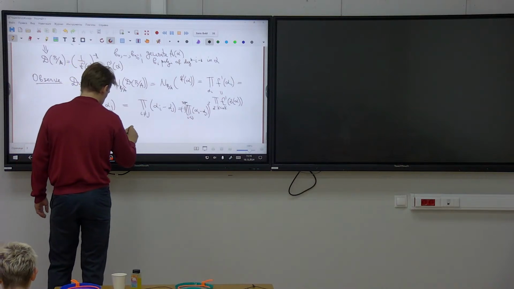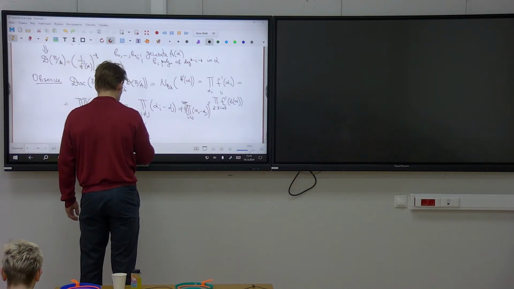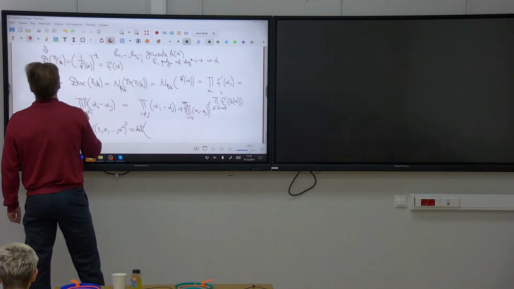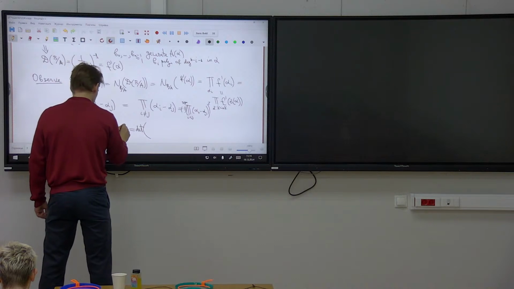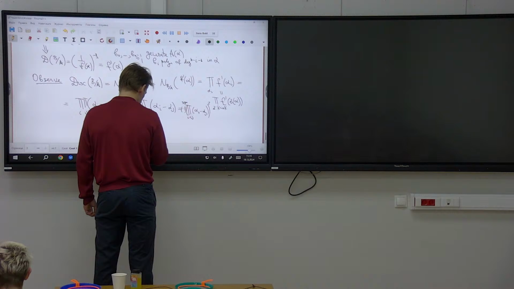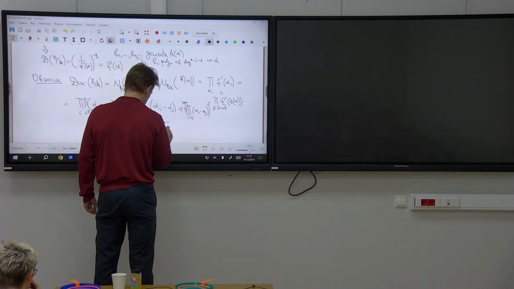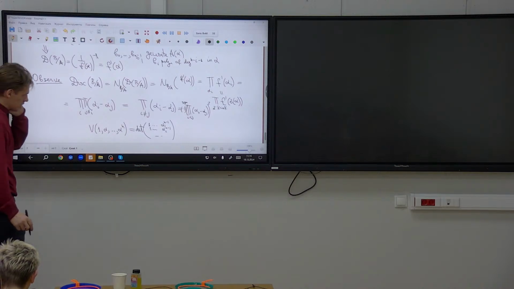So that is the determinant of the matrix with rows 1, alpha_1, etc., alpha_1 to the n minus 1, then 1, alpha_2, etc., alpha_2 to the n minus 1, etc. And so that is the square.